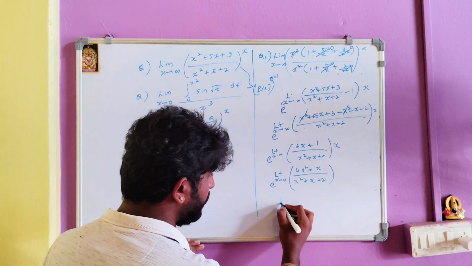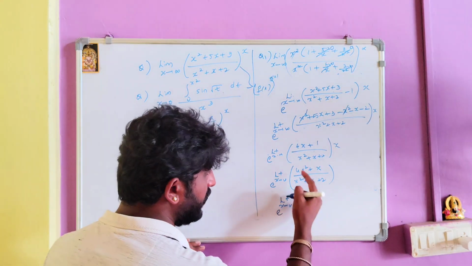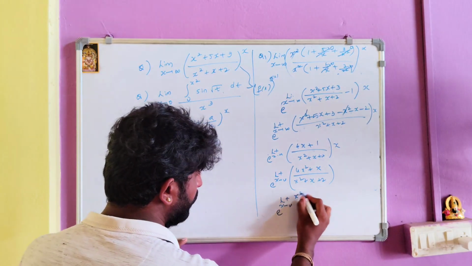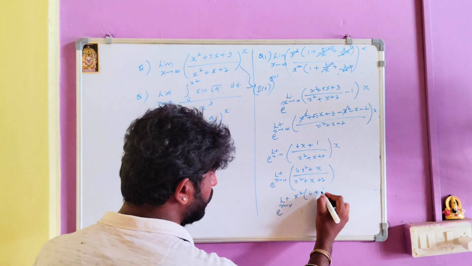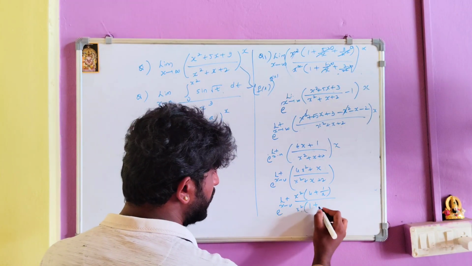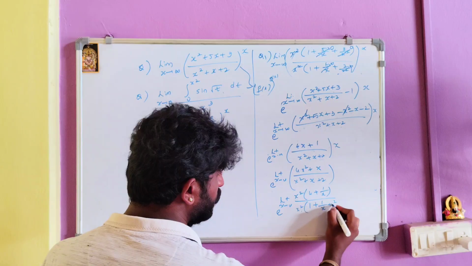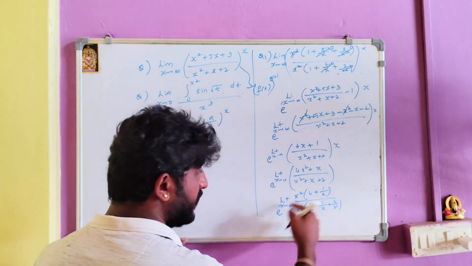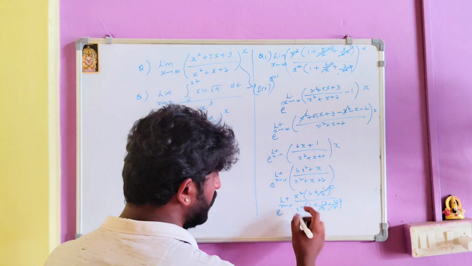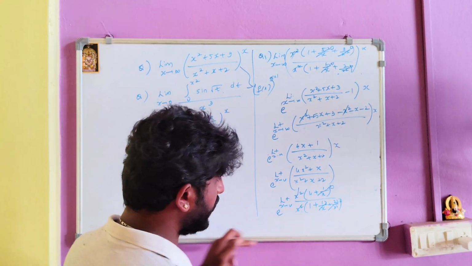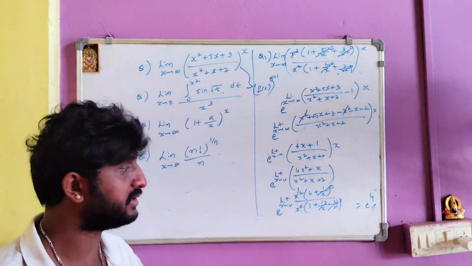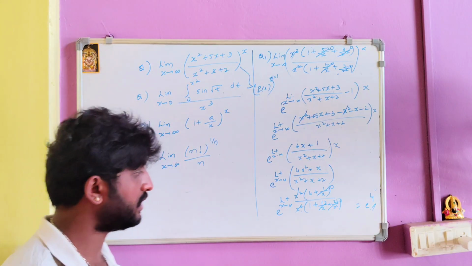The degrees are same, so take x square common: we get 4 plus 1 by x, over x square common, here also we get 1 plus 1 by x plus 2 by x square. Again if you apply the limit value, this becomes 0, this becomes 0, this becomes 0, this both get cancelled, and we finally get e raised to power of 4. This is our required answer.